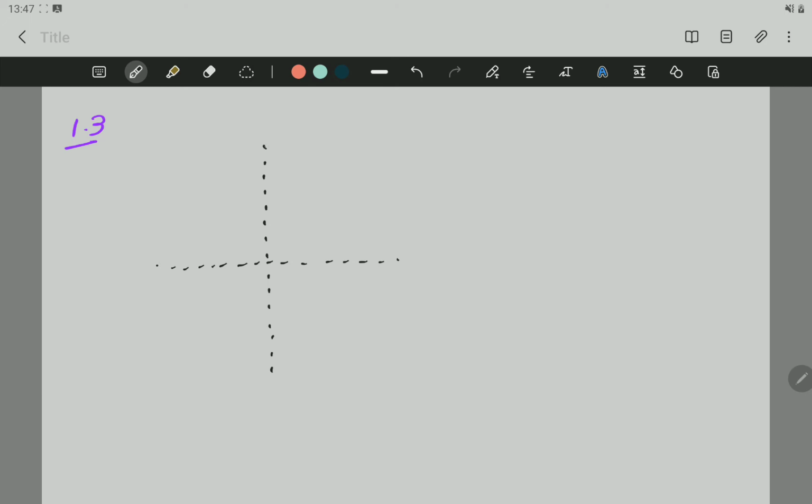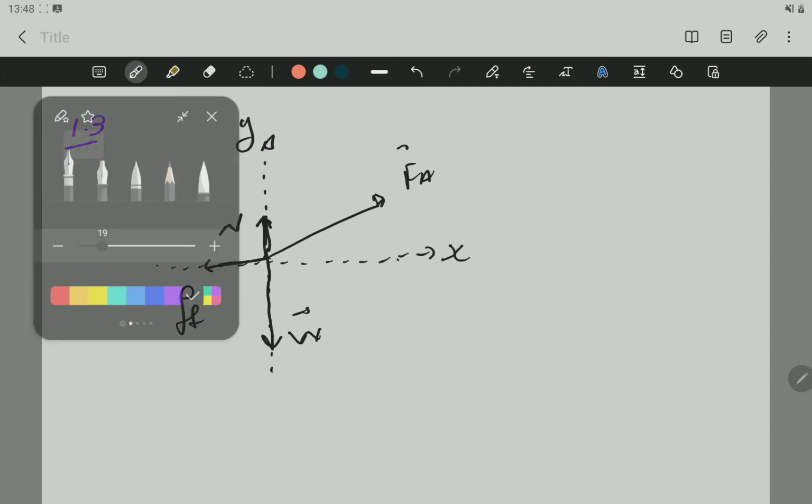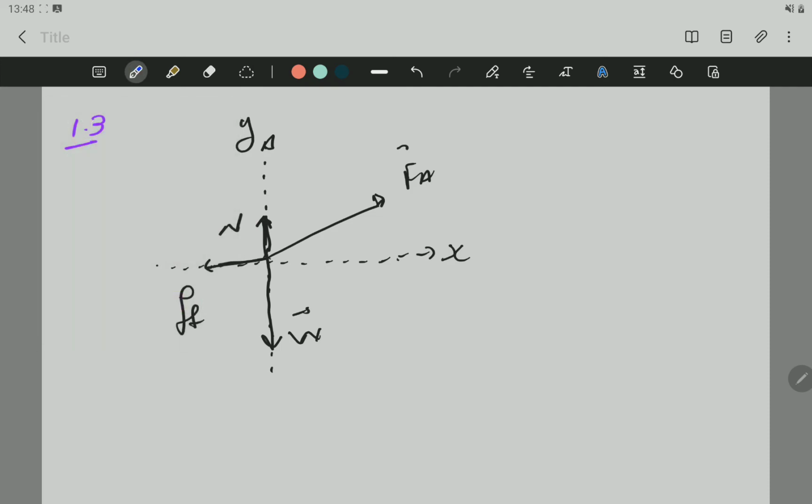Let's redo it. Y, X, but now this one is going to be a little bit longer. So this is the applied force. We have the friction. We have the weight, and we have the normal force. Remember, the applied force still has to be converted into components.